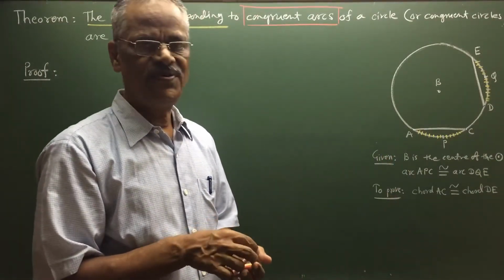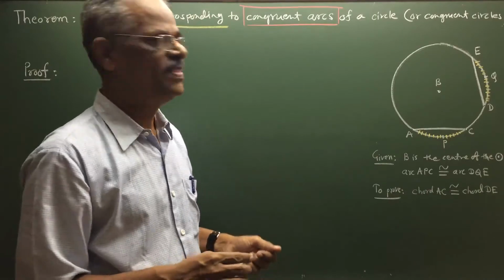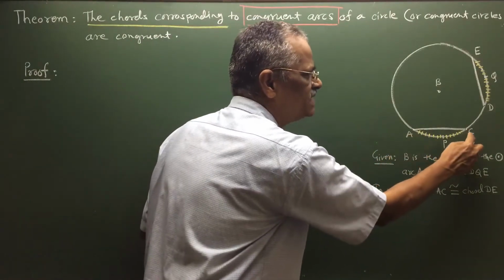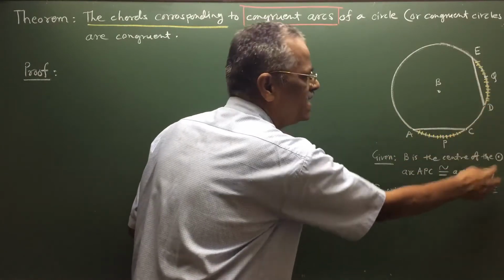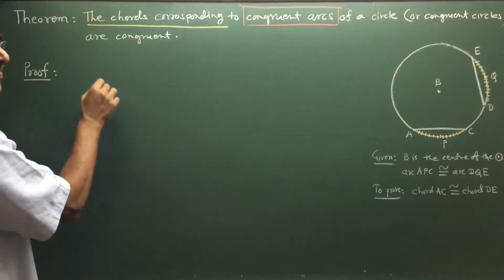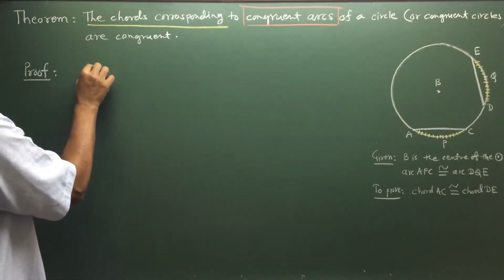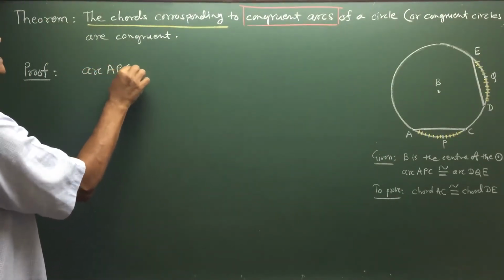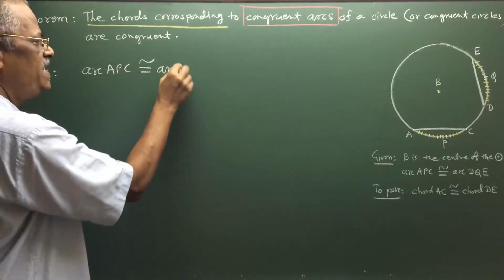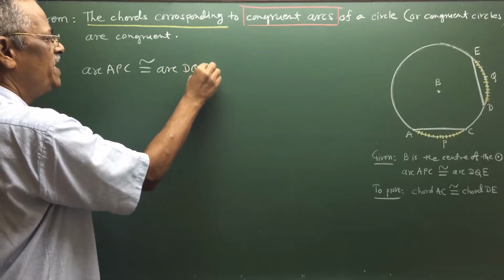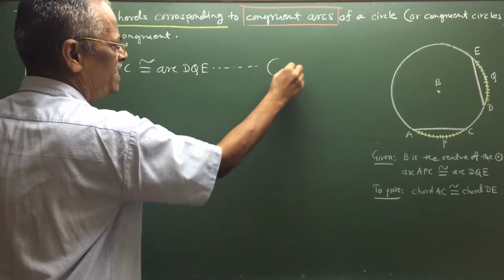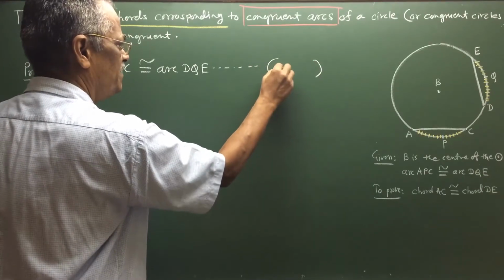For the proof of this theorem, we start with the given: arc APC and arc DQE are congruent. This is given.